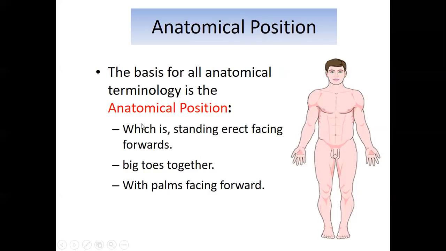Anatomical position is when the body is standing erect and facing forward. You can see here the big toes are together, with the palms facing forward. So that is the anatomical position.